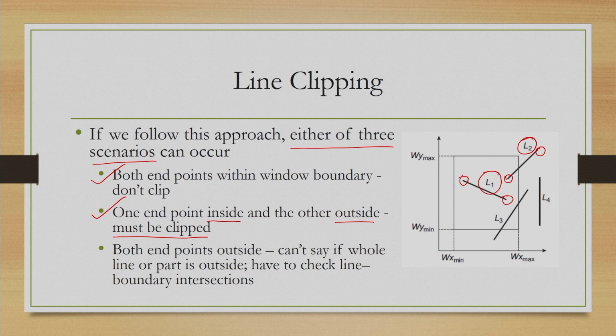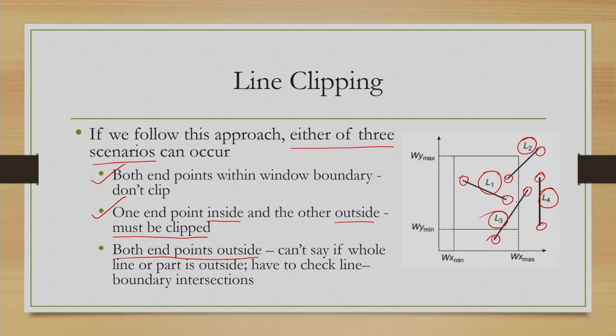And then there is a third scenario where both the endpoints are outside. However, here we have a problem. Consider the line L4. In this case, both the endpoints are outside and the entire line is outside, so we can simply discard it. But in case of L3, here also both the endpoints are outside.